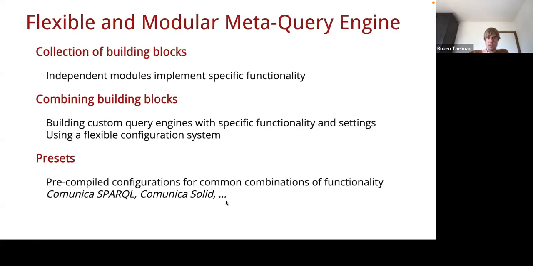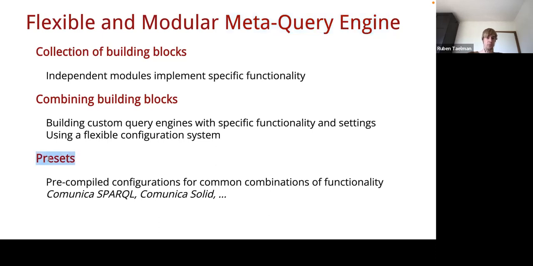Another important concept is that of flexibility and modularity. You should see Comunica as being a meta query engine. Comunica is actually just a collection of building blocks, where each building block independently implements a very specific functionality. The idea is that you can combine multiple of these building blocks together to build a specific query engine with specific functionality.